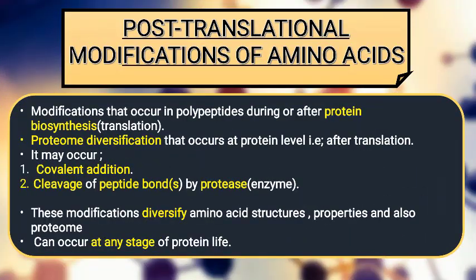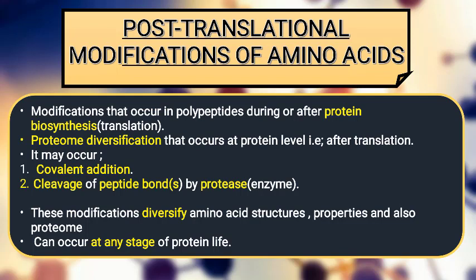Now let's move on. Now we have a very important topic: post-translational modifications of amino acids. We can define this post-translation modification as modifications that occur in the polypeptides during or after protein biosynthesis, that is translation.